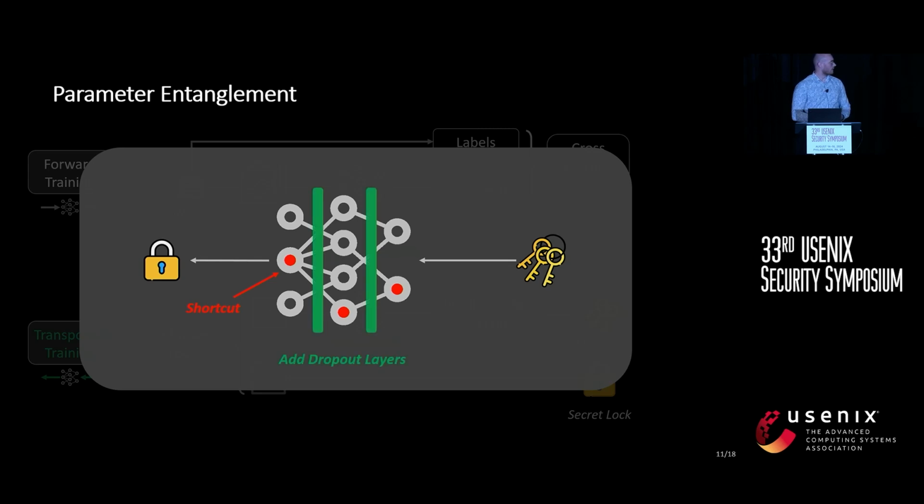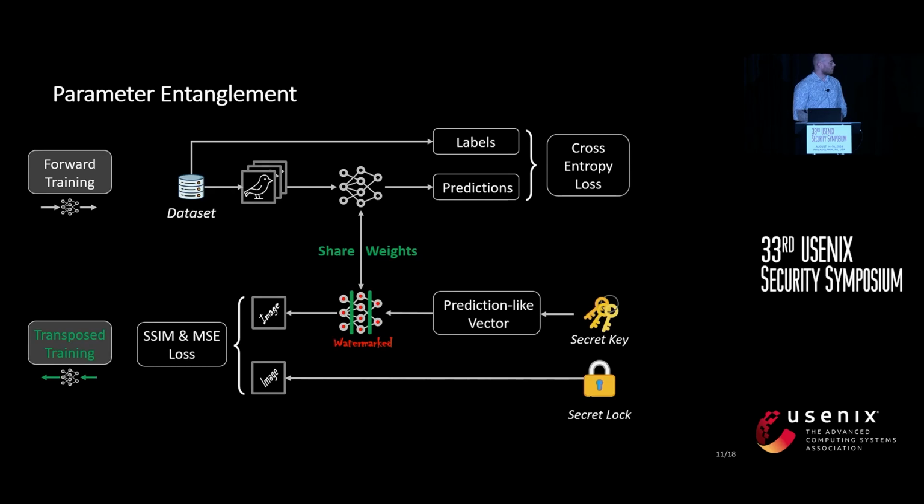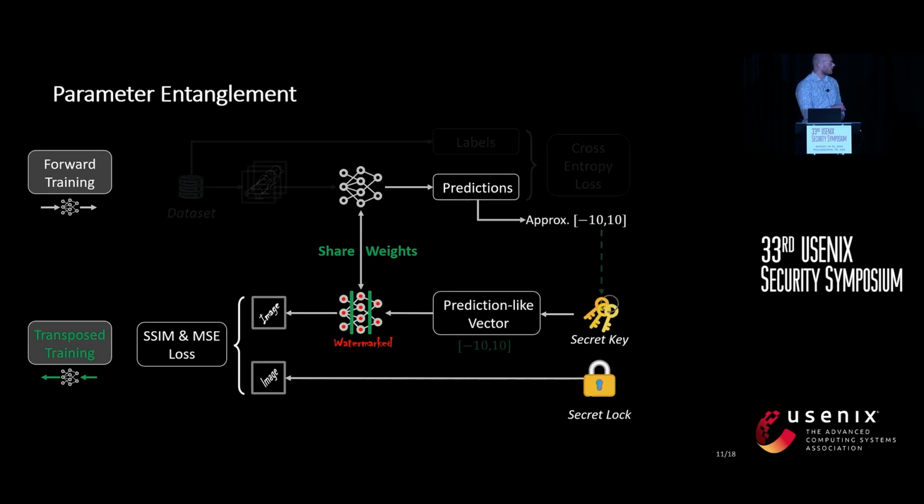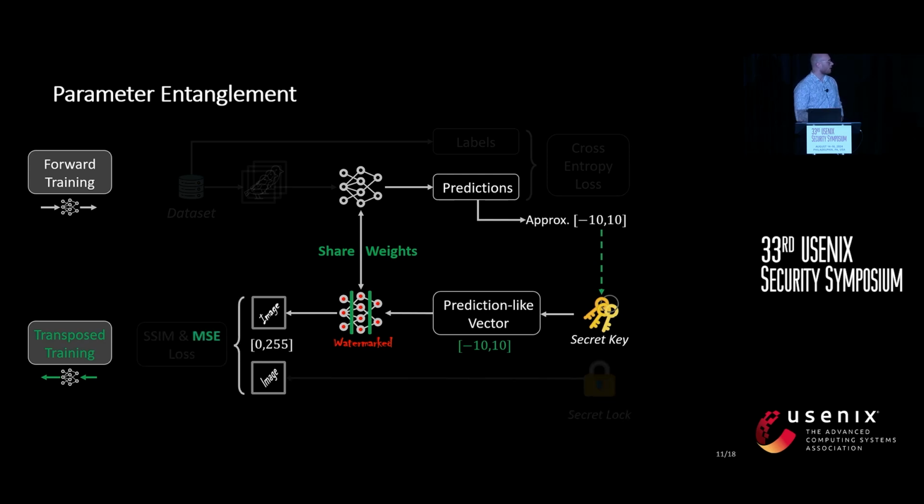We do this by adding artificial dropout layers to the transposed model architecture, and with this we can distribute the watermark over all parameters. These dropout layers have no effect on the regular training or during inference. Besides that, we also care that the prediction-like vector is in the same value range as the regular predictions, and that the images are in regular image values.